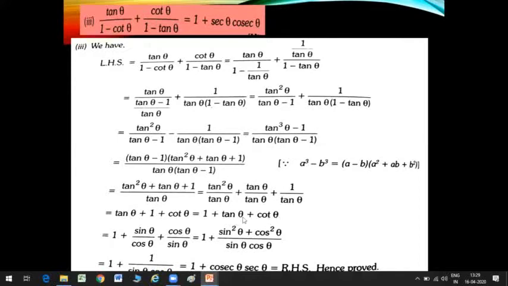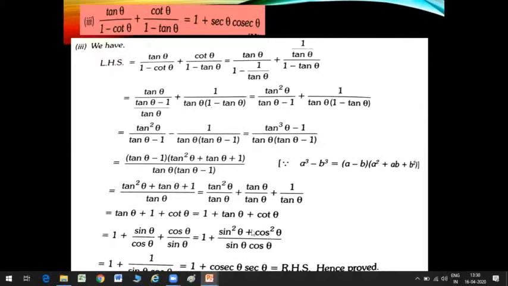Now we will write tan and cot in terms of sine and cos. So 1 plus tan theta is sine theta by cos theta, plus cot theta, which is cos theta by sine theta. So this is equal to 1 plus, here we take LCM, cos theta sine theta is the LCM, so in the numerator it is sine square theta plus cos square theta divided by sine theta into cos theta. This is after taking the LCM. Now this is equal to 1 plus, sine square theta plus cos square theta is 1, identity number 1.